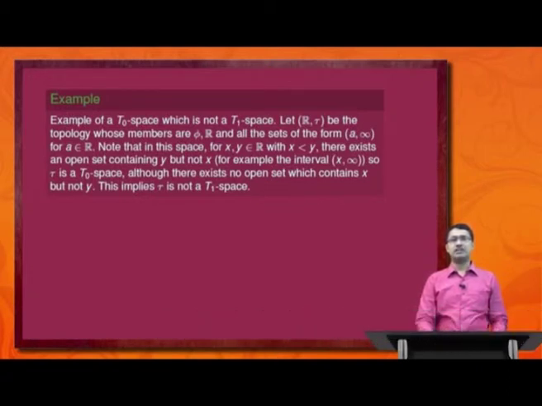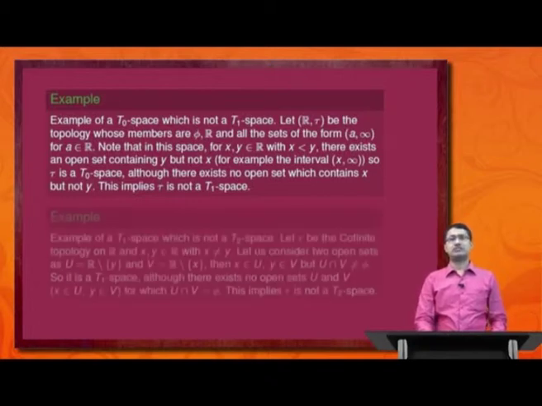Note that in this space, for x, y belonging to R with x strictly less than y, there exists an open set containing y but not x. For example, we consider the interval (x, infinity). So tau is a T0 space, although there exist no open sets which contain x but not y. This implies tau is not a T1 space.